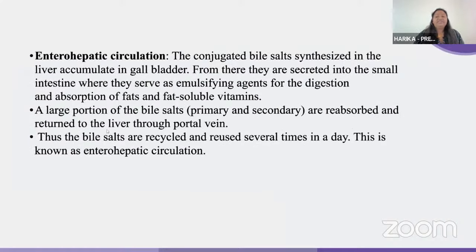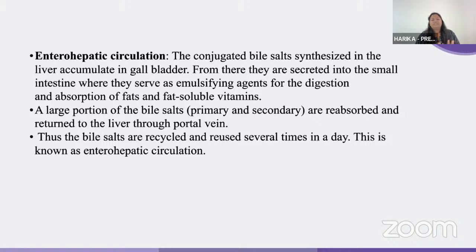Next, after these two processes, enterohepatic circulation occurs. The conjugated bile salts synthesized in our liver get accumulated in the gallbladder, and from there they are secreted into the small intestine, where they act as emulsifying agents for digestion and absorb fats and fat soluble vitamins.